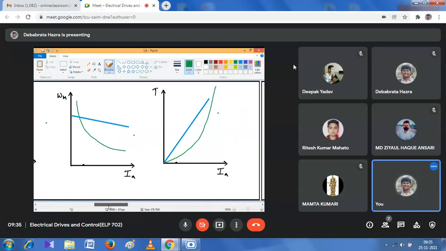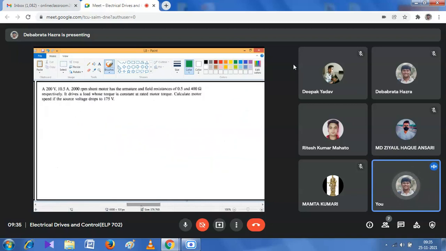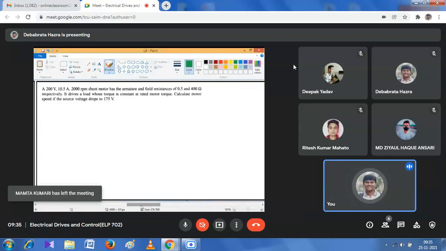Now next we have to do a numerical problem. A 200 volt, 10.5 ampere, 2000 rpm shunt motor has the armature and field resistance of 0.5 and 400 ohm respectively. It drives a load whose torque is constant at rated motor torque.